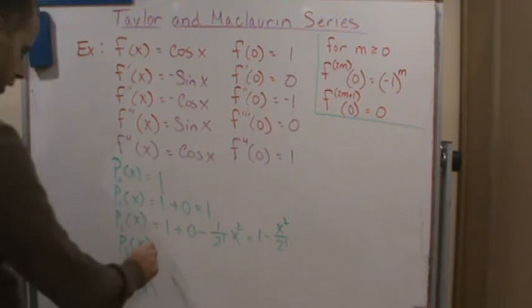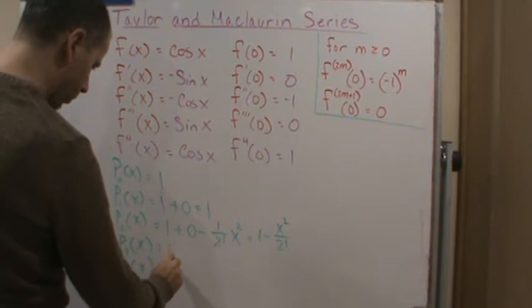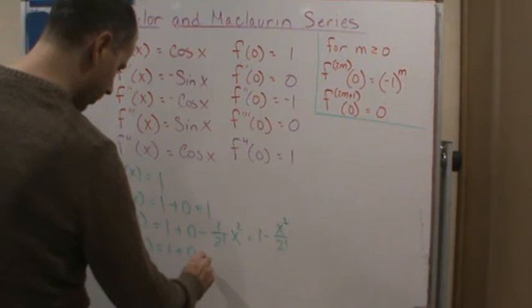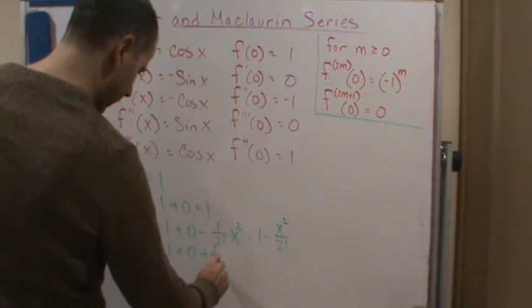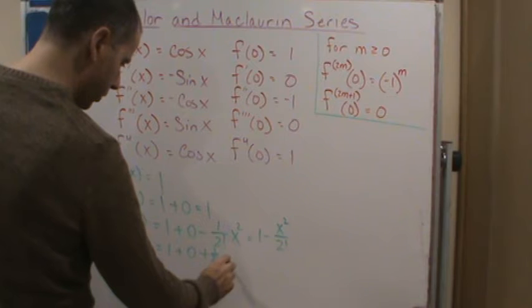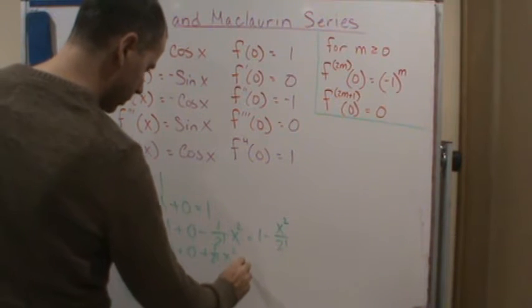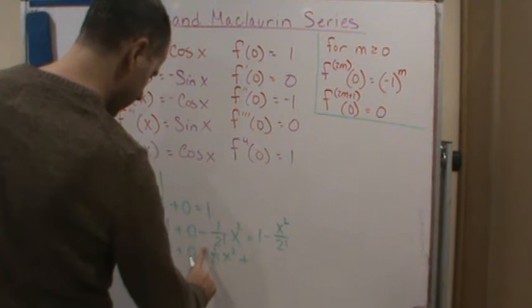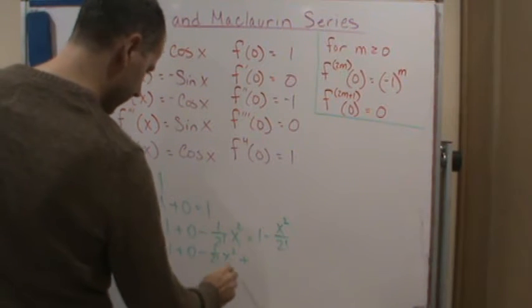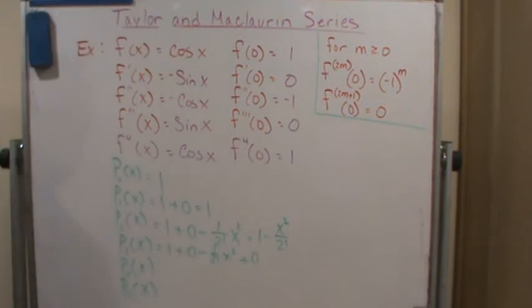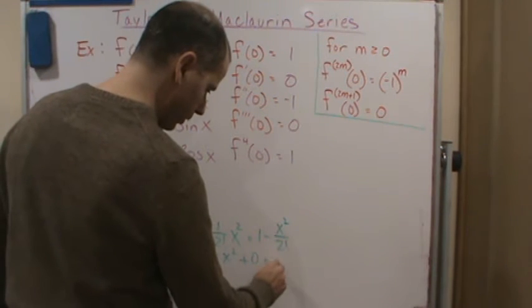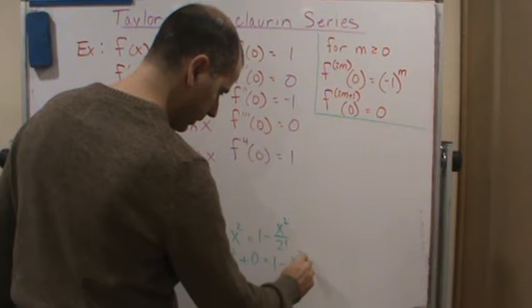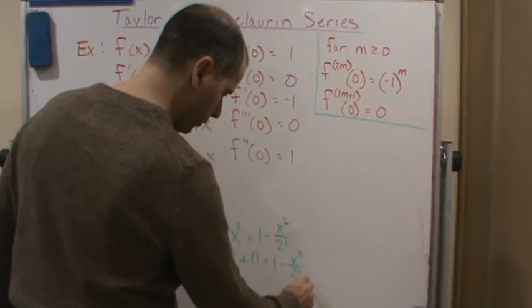And then the third one is going to be 1 plus 0 minus x squared over 2 factorial, plus 0, which again just equals 1 minus x squared over 2 factorial.